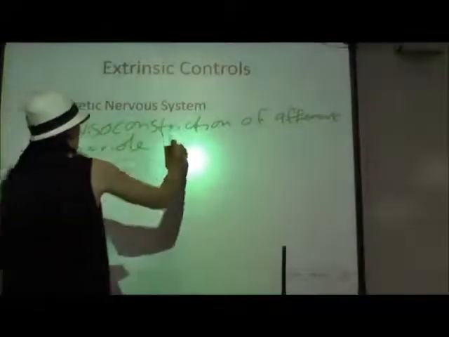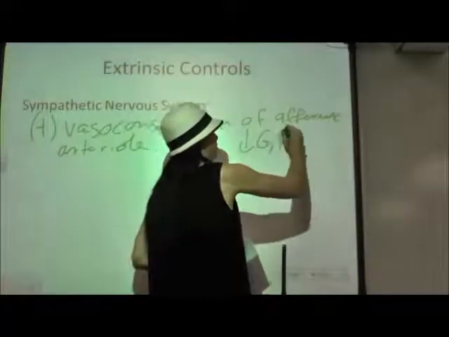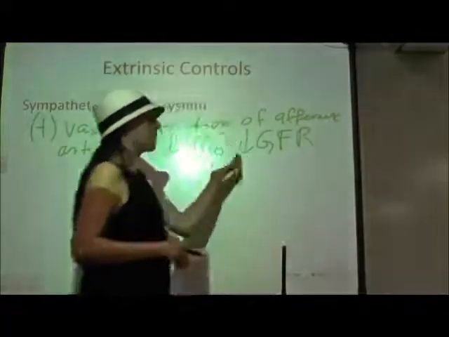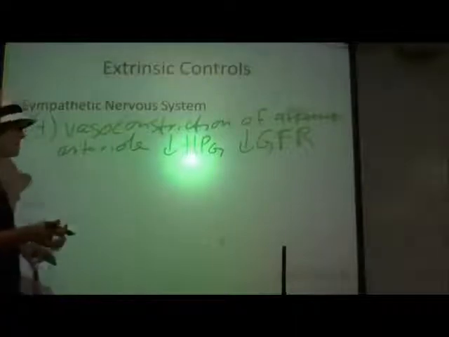Then we're going to drop the hydrostatic pressure in the glomerulus, which is going to drop our glomerular filtration rate. If we drop our glomerular filtration rate, then ultimately you're going to drop the amount of urine that's produced. So that would increase our blood volume overall.